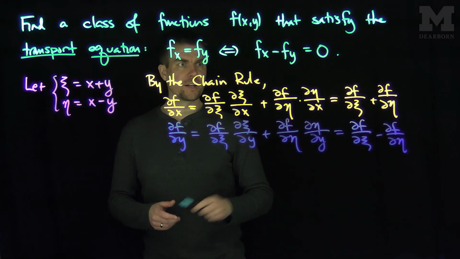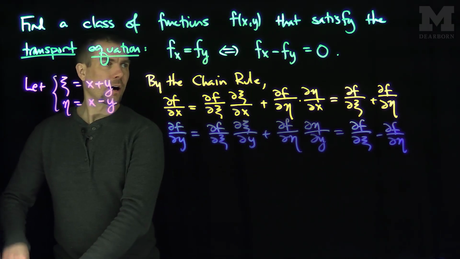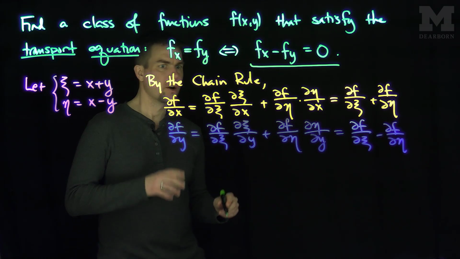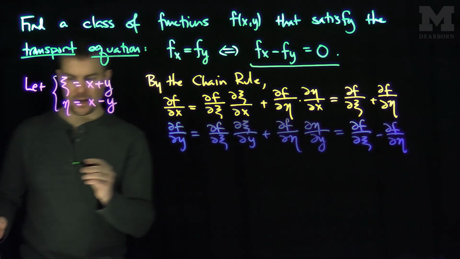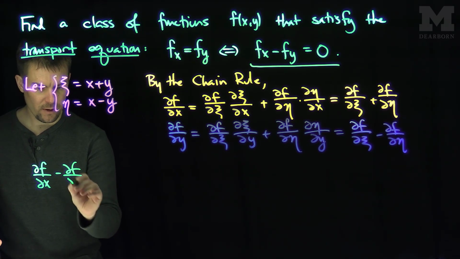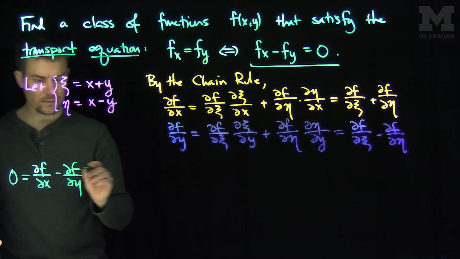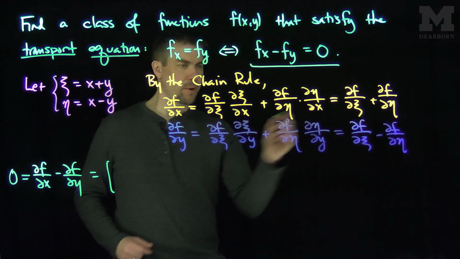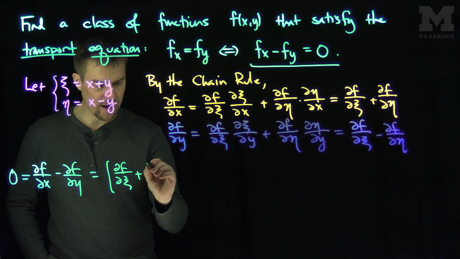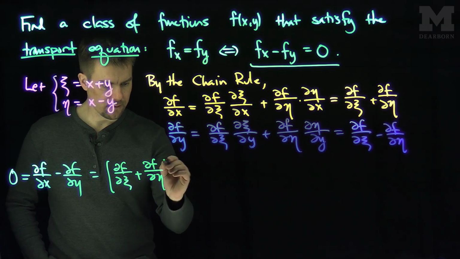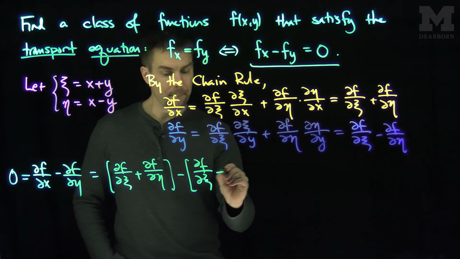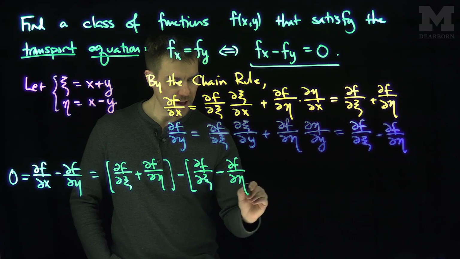Now let's look at our original transport equation. Our transport equation is partial f partial x minus partial f partial y is equal to 0. So let's write out what that will be in terms of xi and eta. It is partial f partial xi plus partial f partial eta, minus partial f partial xi, minus partial f partial eta.